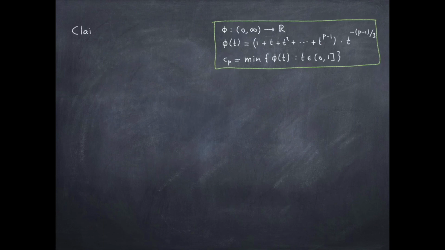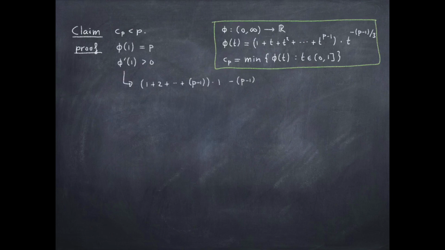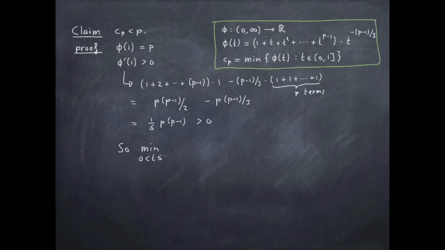The final piece of the puzzle is to show that c_p is strictly smaller than p. To show this, first observe that the function phi is differentiable on the positive reals. Since phi(1) is equal to p, and the derivative of phi in 1 is positive, this immediately implies that the minimum of phi between 0 and 1 is smaller than p.